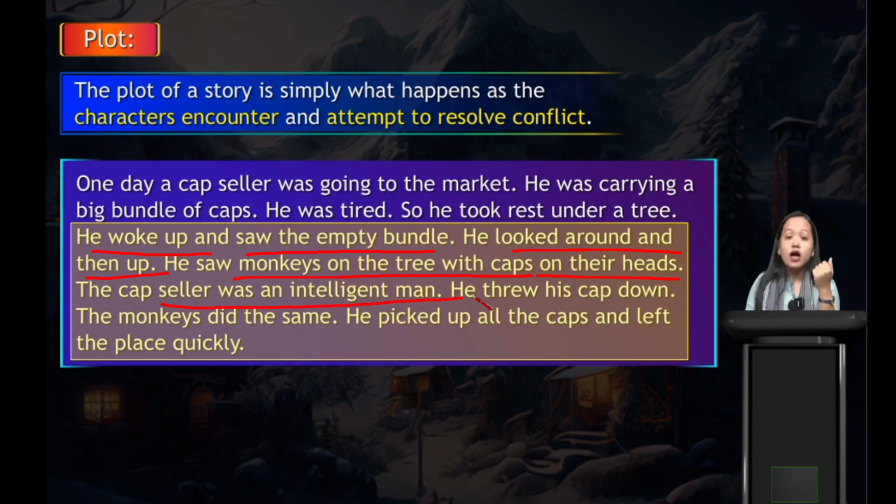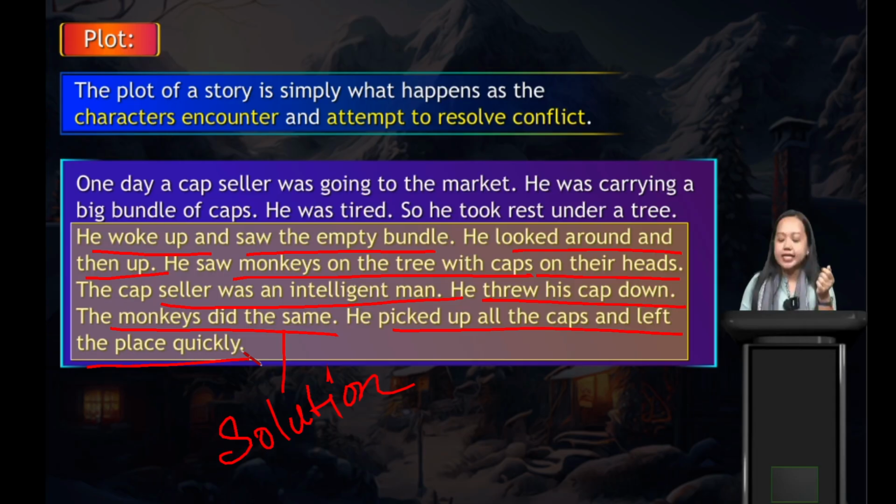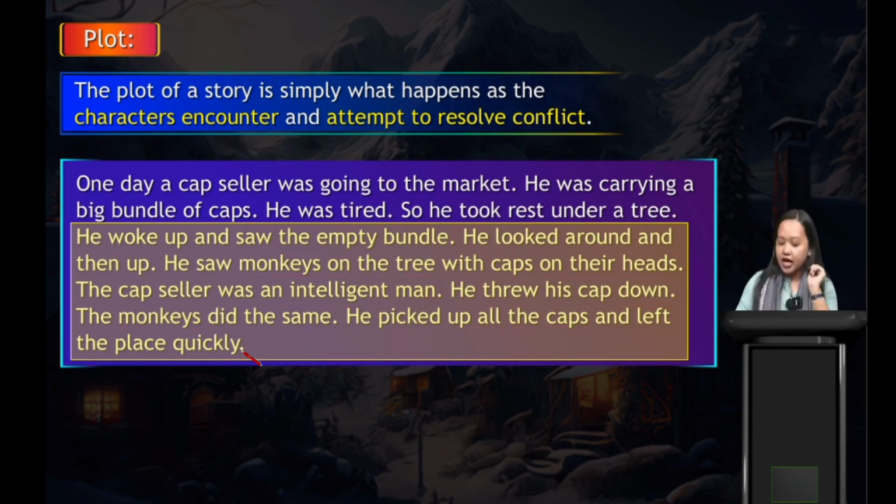The cap seller was an intelligent man. How did he solve the problem? He threw his cap down. The monkeys did the same. So this is the solution. Right? He picked up all the caps and left. So in the story we saw that the character faced a problem and he solved the problem also. So this is our plot in the story.